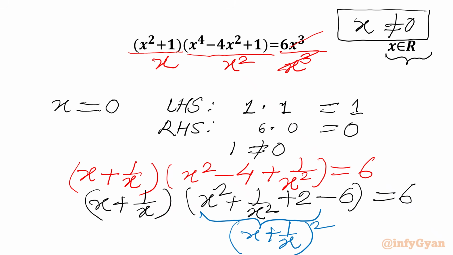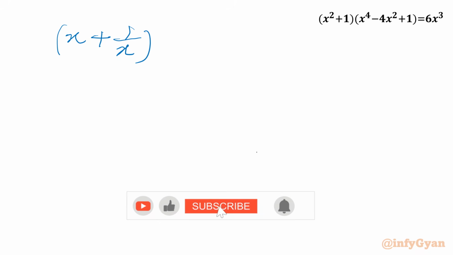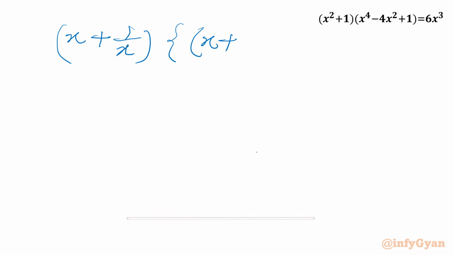So our equation will become x plus 1 over x times x plus 1 over x whole square minus 6 equal to 6.